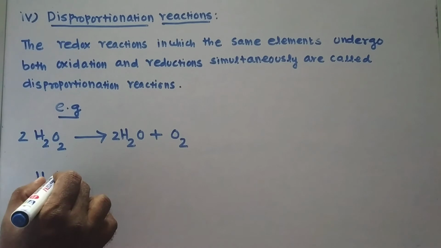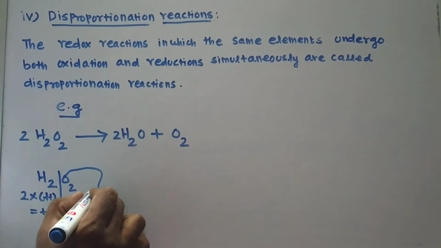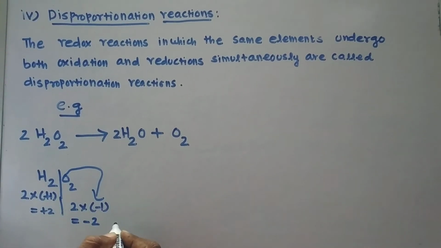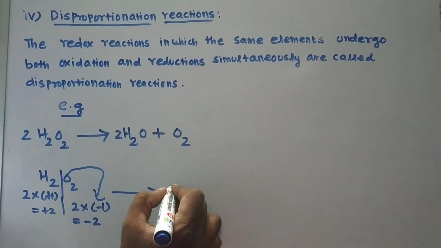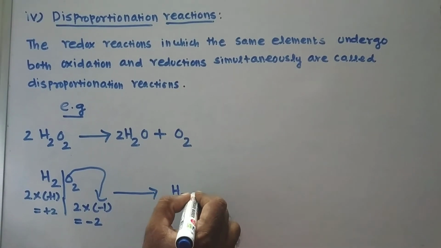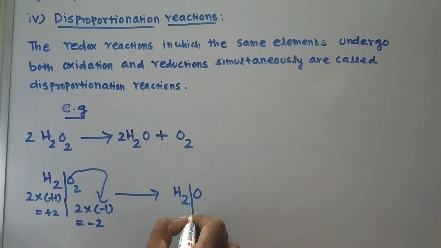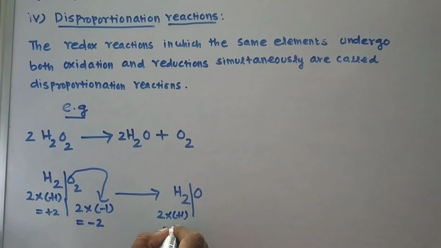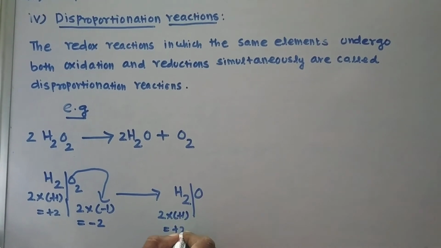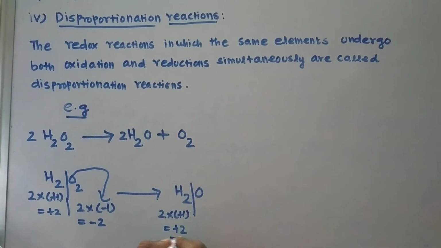Therefore in hydrogen peroxide, oxygen is in the minus 1 state. Now let us consider water, H2O. Here hydrogen is 2 into plus 1, equal to plus 2.